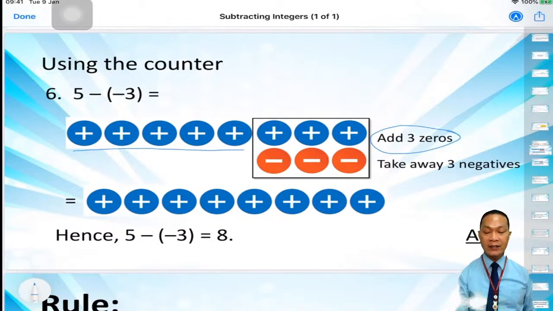After which we're going to take away the 3 negatives. The answer is positive 8 or 8. So therefore, 5 minus a negative 3 is equal to 8. That is using the counter. But I think using the number line is easier than using the counter.